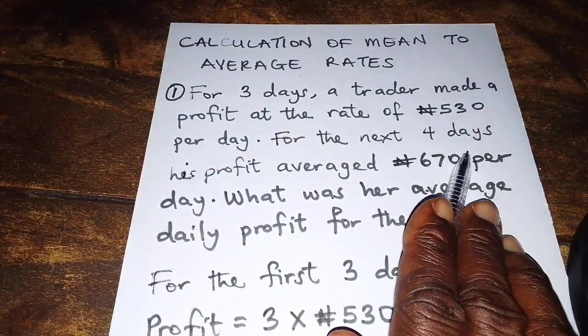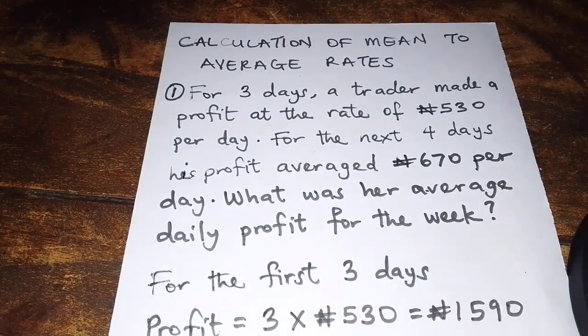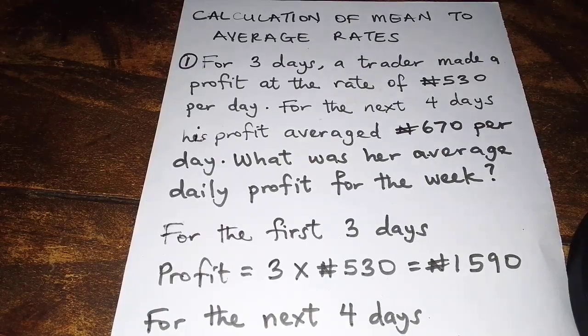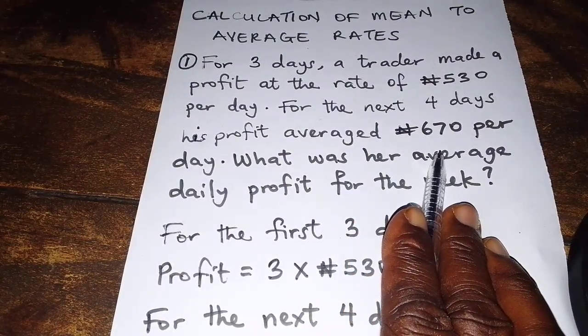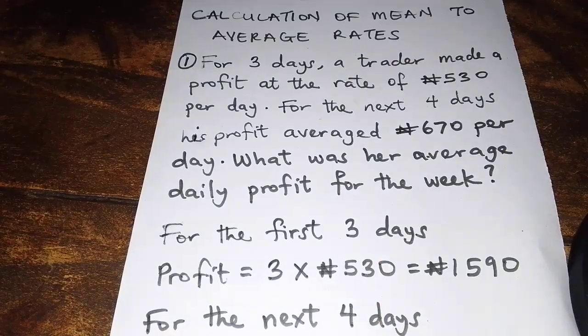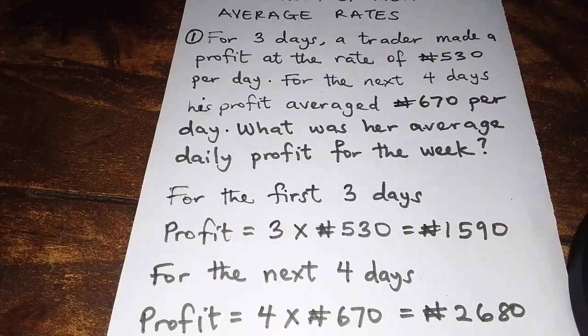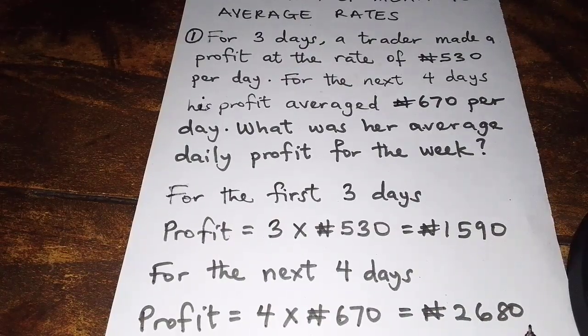For the next 4 days, his profit average is 670 naira per day, so you multiply 670 by 4 to get 2,680 naira.